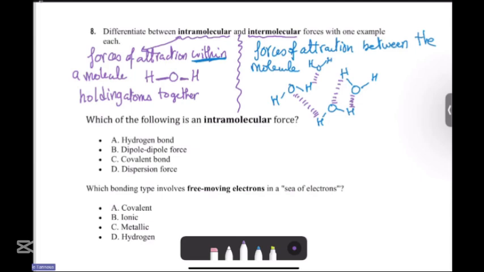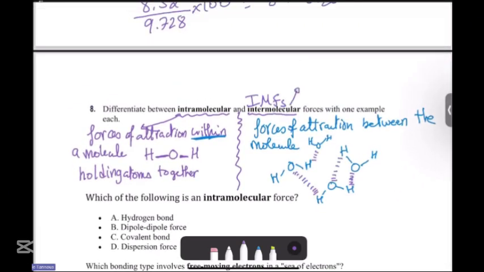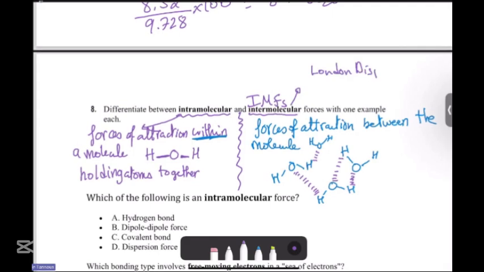Usually the intermolecular forces are abbreviated as IMF. They're weaker than the intramolecular forces. I would also like to mention that the intermolecular forces we're doing are London dispersion forces, dipole, and hydrogen bonds.